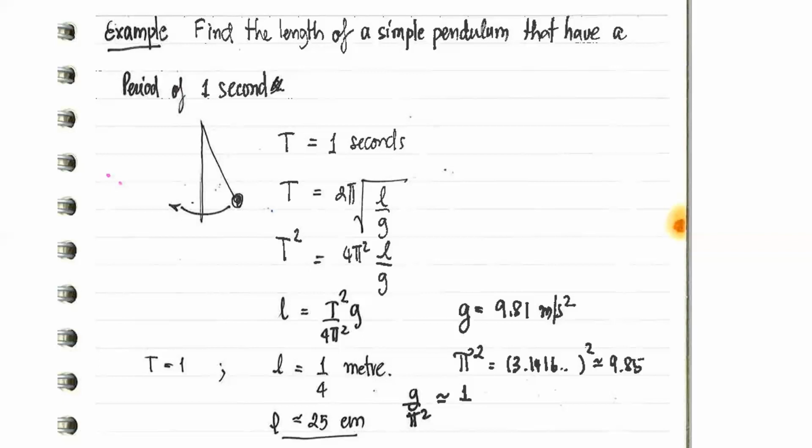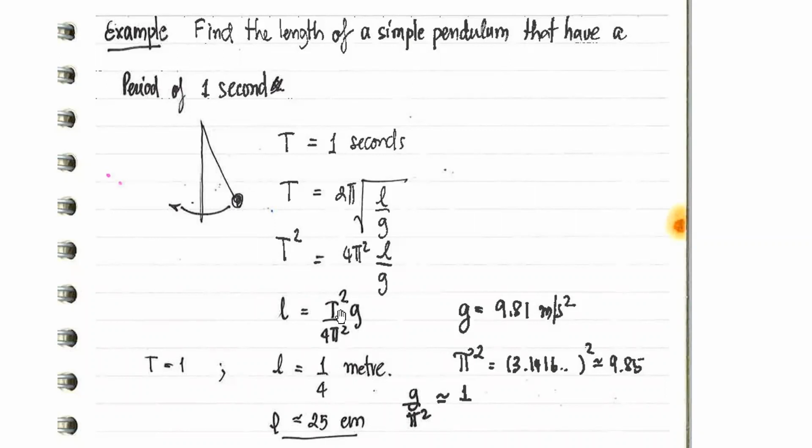So let's take a look at this. What we need is a period of 1 second, so it completes 1 cycle in 1 second. And we know that for a simple pendulum, the period is 2 pi square root of L over g, where g is gravity. So then T squared is 4 pi squared L over g, squaring on both sides.